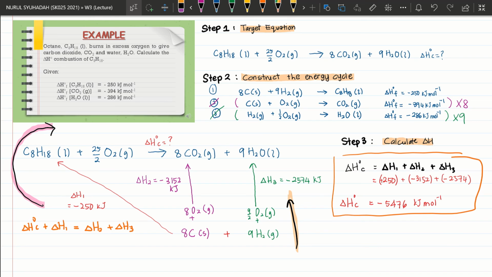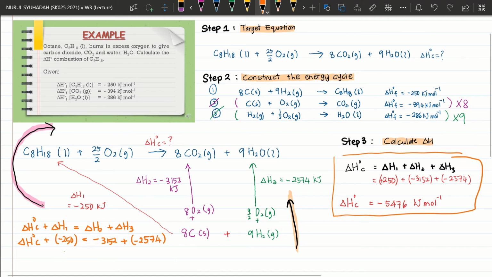Substitute everything: delta H0C plus delta H1, which is negative 250, equals delta H2 that we have calculated, negative 3152, plus delta H3, negative 2574. We still want to find delta H0C.